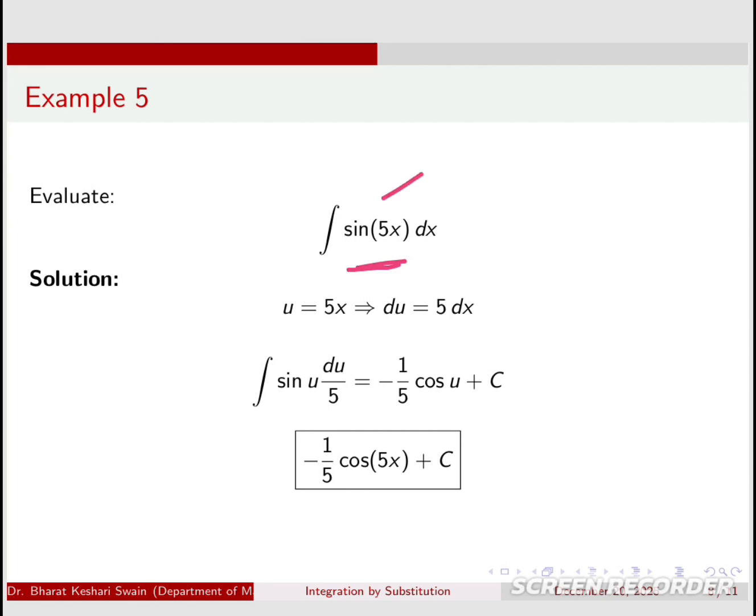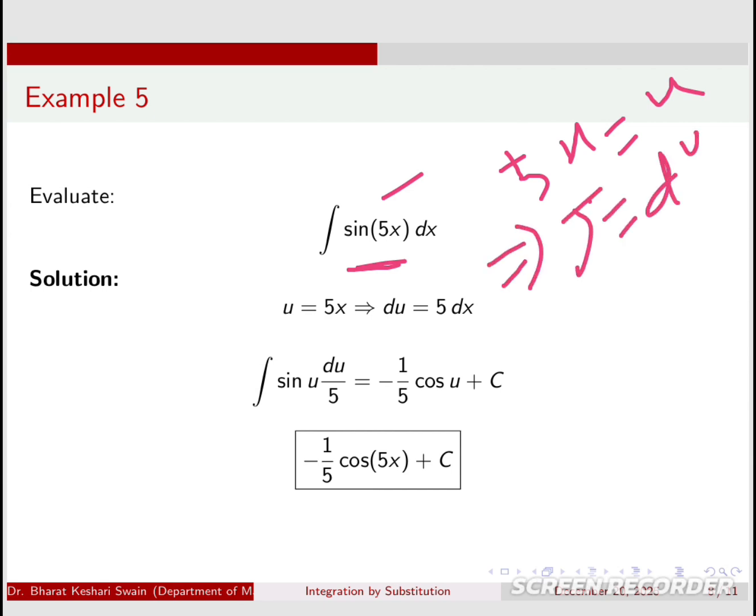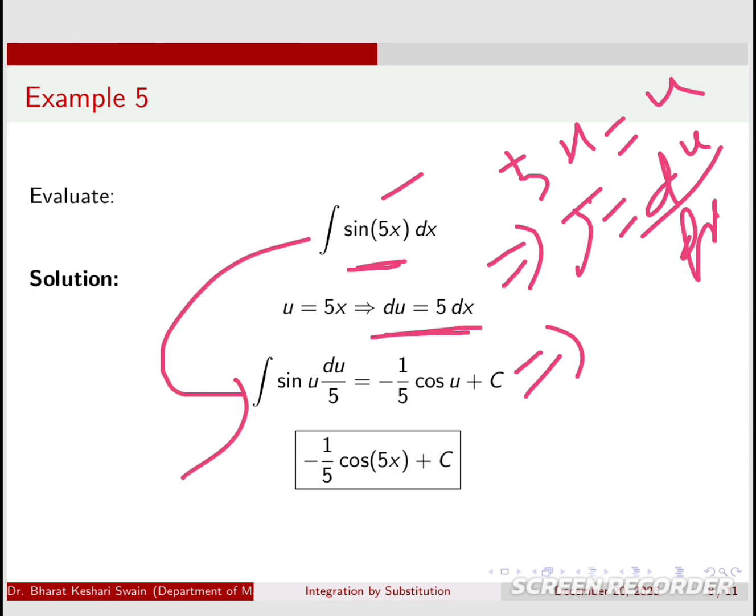So just put 5x equal to u. If I put 5x equal to u and differentiate on both sides, it will be 5 equal to du by dx. The value of du will be 5 dx. Now this integration will be reduced to sine u, because 5x equal to u, and the value of dx is du by 5.